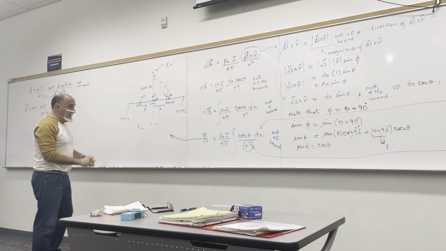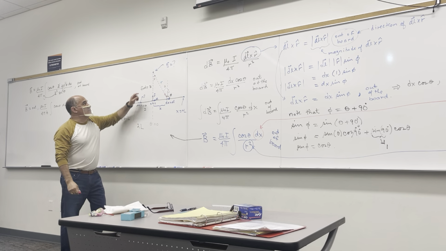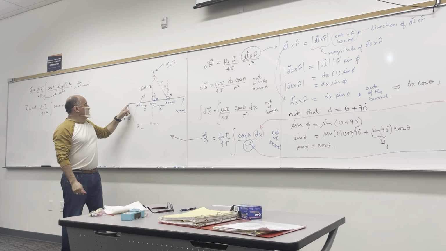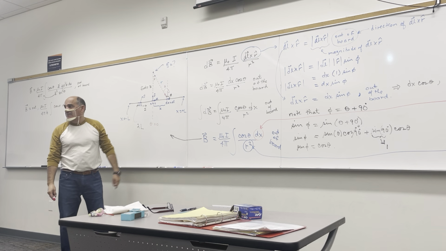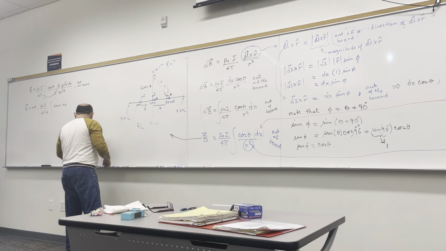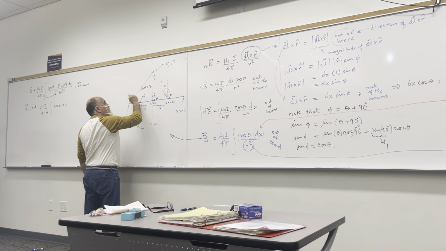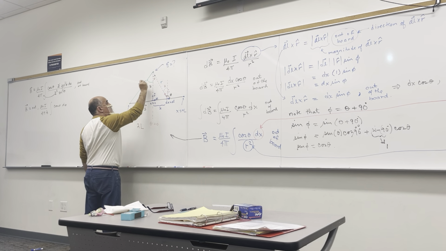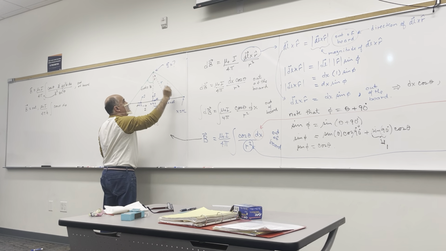So I have to do the integral so that I include the contribution to the magnetic field here from all the dx's, all the current in this segment. So I actually have to integrate from, maybe I'll use green now, from this value of theta, and then the next theta, and then all the way out to this.